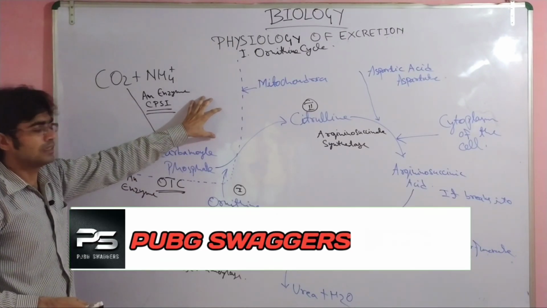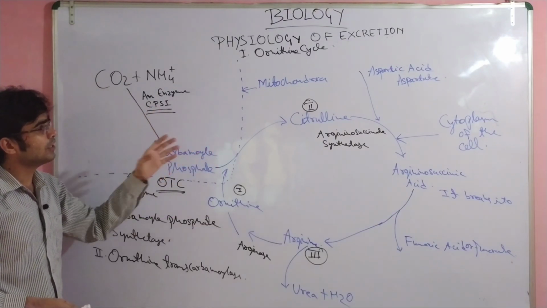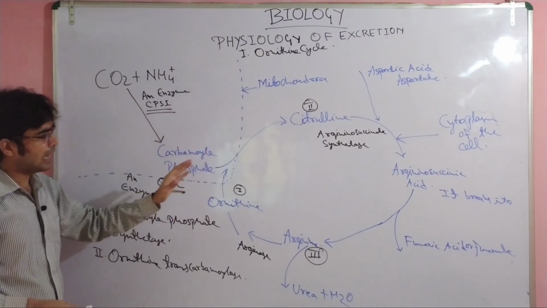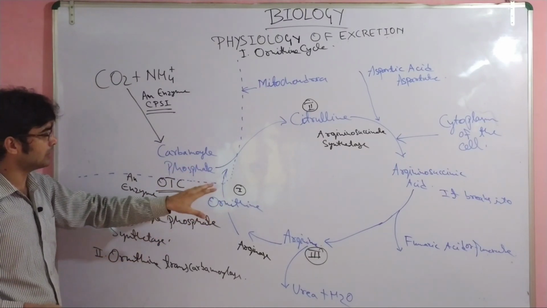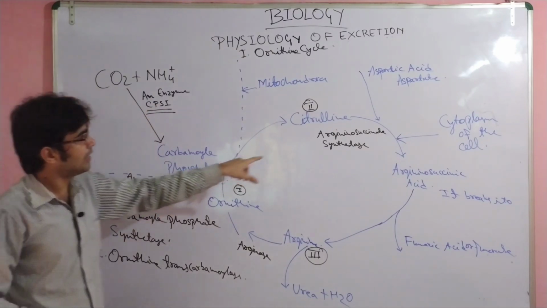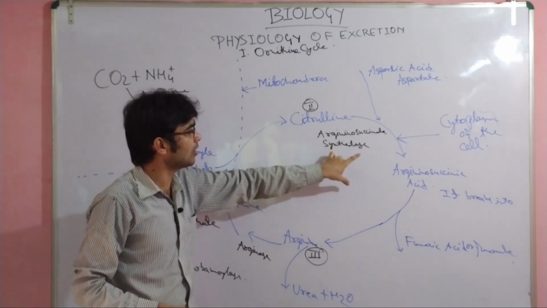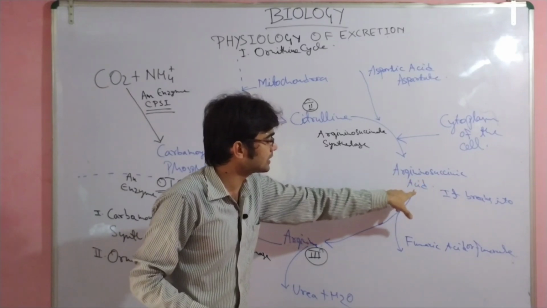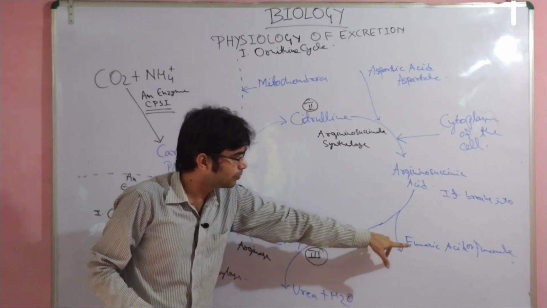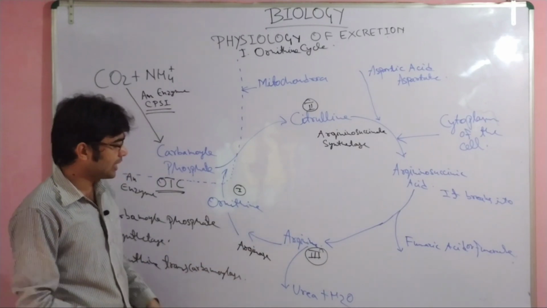So I hope you have understood clearly about the ornithine cycle. The ornithine cycle is very vital. It requires a few steps, namely the three enzymes CPS, OTC, and argininosuccinate synthetase participate up to the formation of the argininosuccinic acid. After that, argininosuccinic acid breaks into two, fumaric acid or fumarate, that will be eliminated from the body.